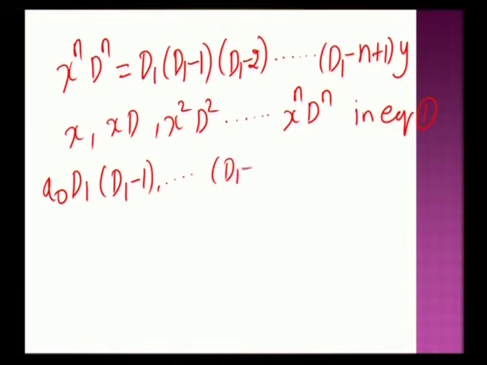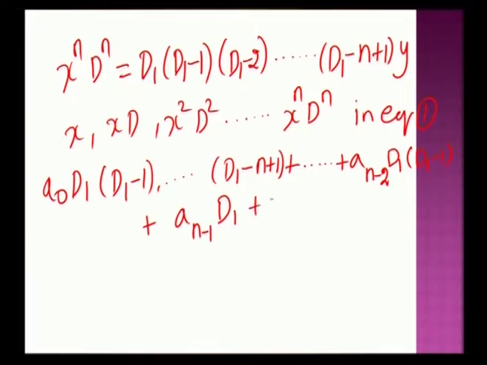d1 minus n plus 1 plus etc. plus a n minus 2 into d1 into d1 minus 1 plus a suffix n minus 1 into d1 plus a n into y is equal to f of e power z.